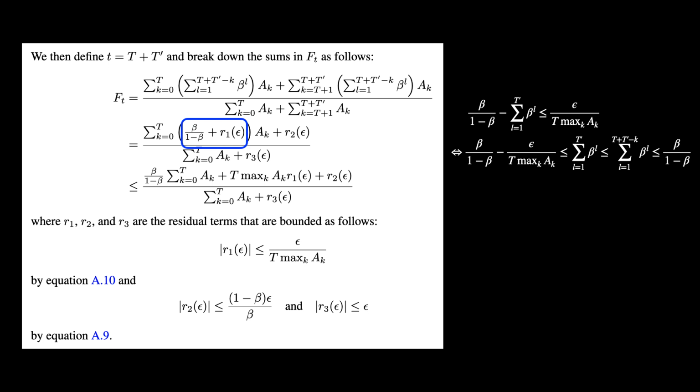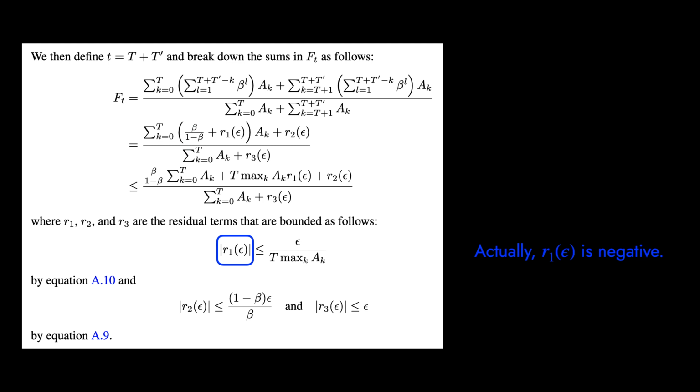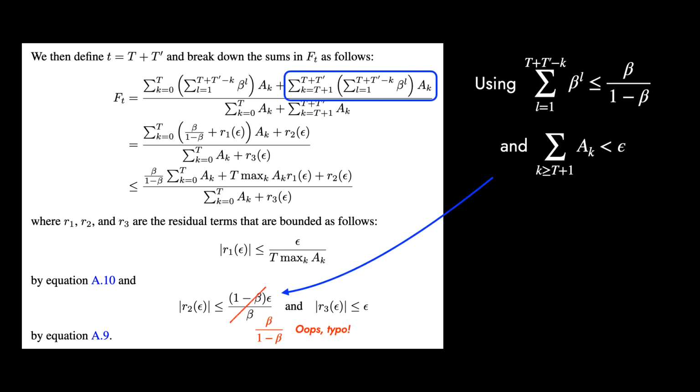Using the concept of residual, we rewrite that. Notice that a_11 is actually negative, but it doesn't matter much. The residual R2 has a wrong bound. I believe this is a simple typo, and the authors confirmed this by personal communication with me.